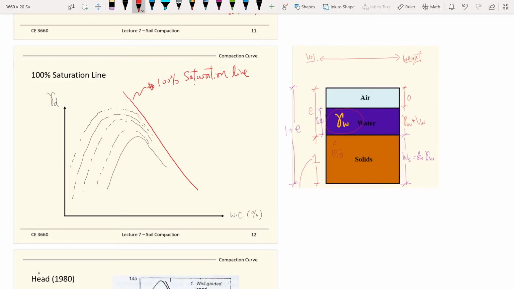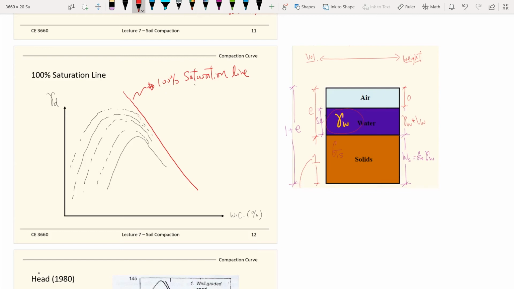So if you keep compacting, you keep reducing the air voids, but you're never able to get rid of all the air voids. So if you want to achieve 100% saturation, compaction alone is not enough. Eventually, your compaction effort will be so great that you may just destroy the solid particles, but the air voids get trapped within the solid particles. By compaction only, you cannot totally expel all the air voids, but you can get close to it.